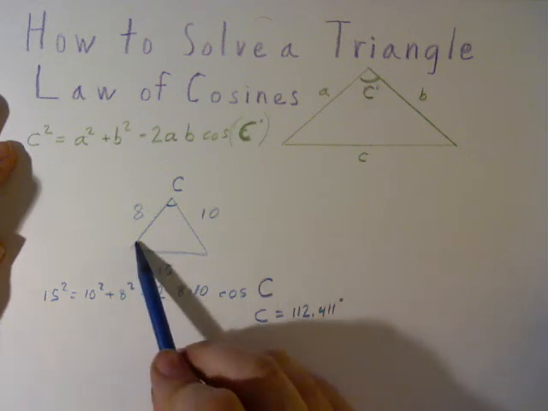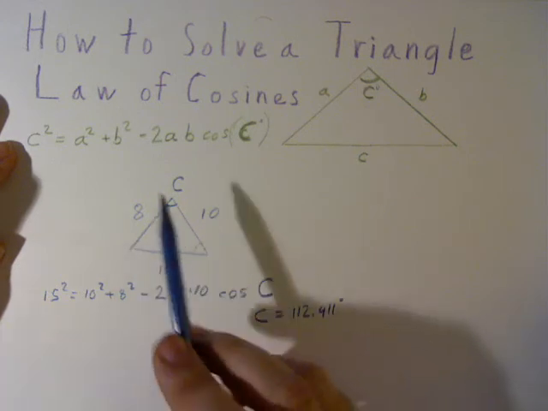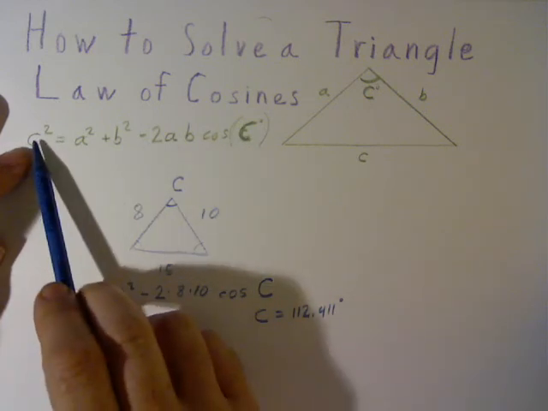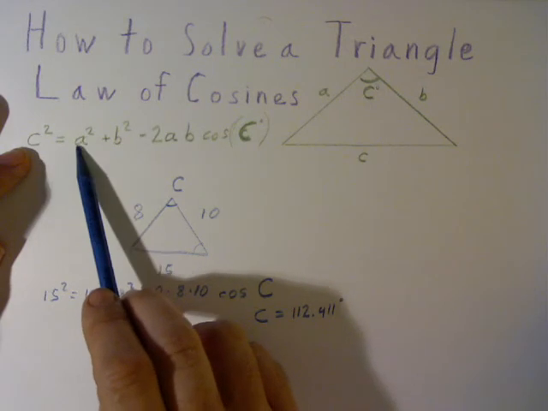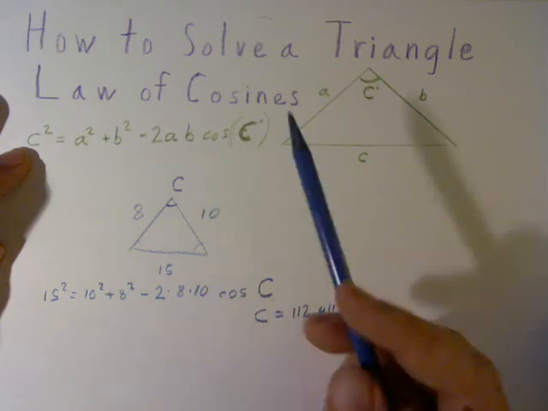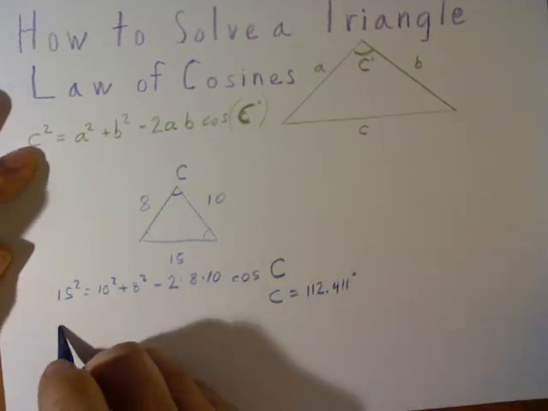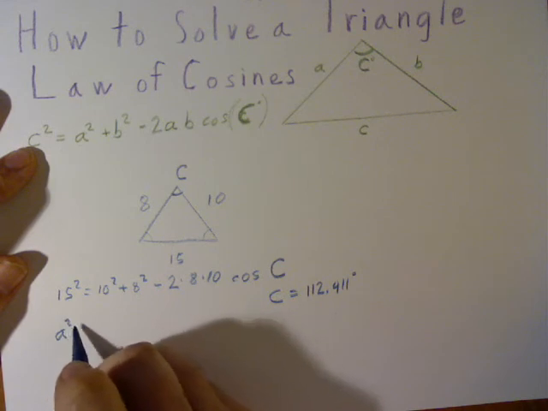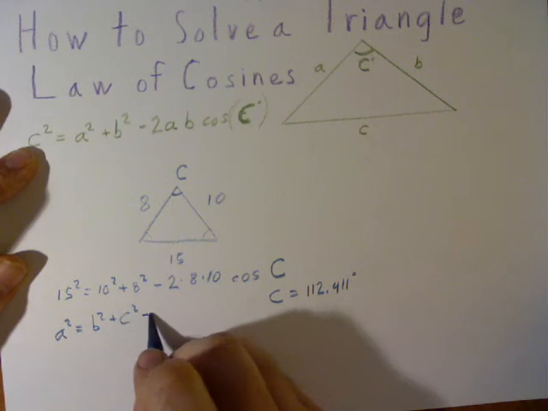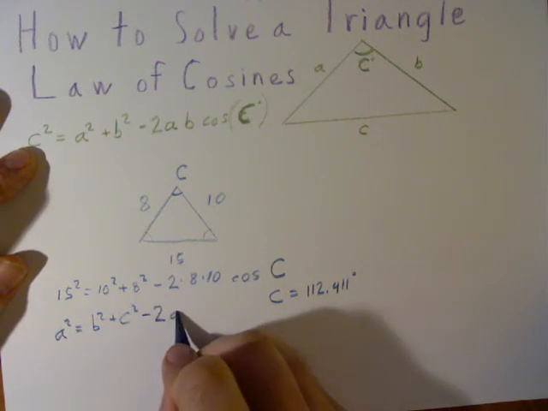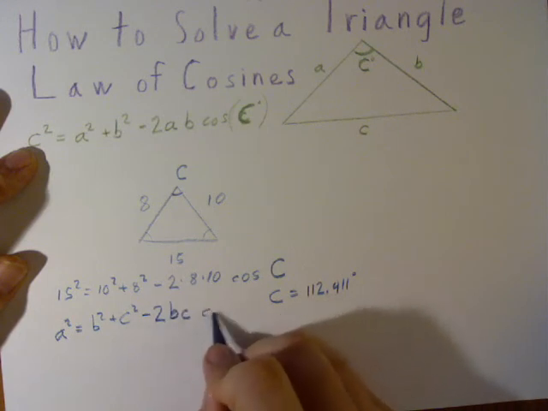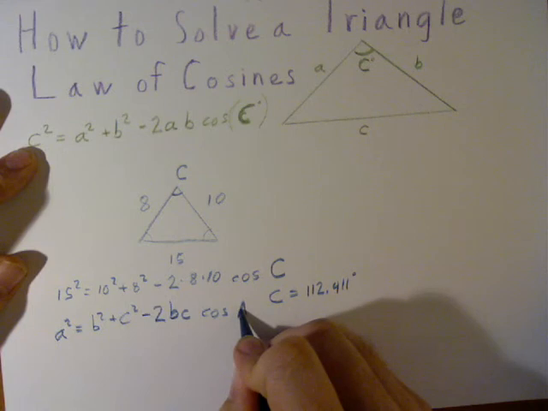Now, in order to solve the other angles, we can take the same formula, and instead of writing out c squared equals a squared plus b squared and so on, we can shift all the letters one direction. So we can write a squared equals b squared plus c squared minus 2bc cosine a.